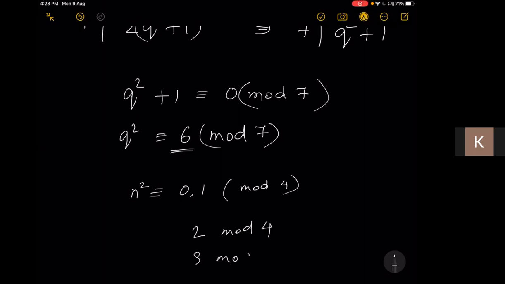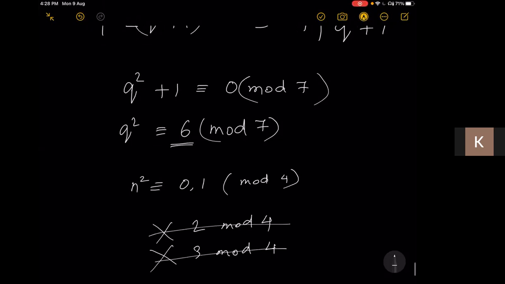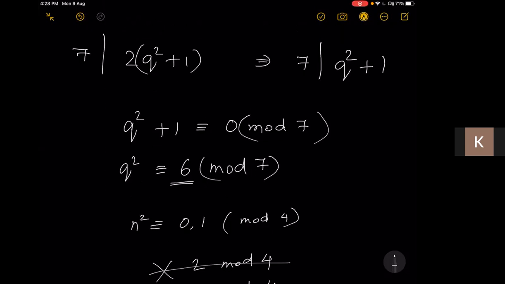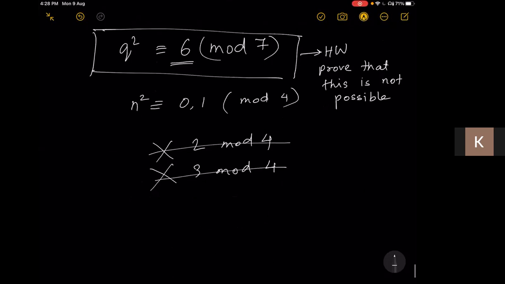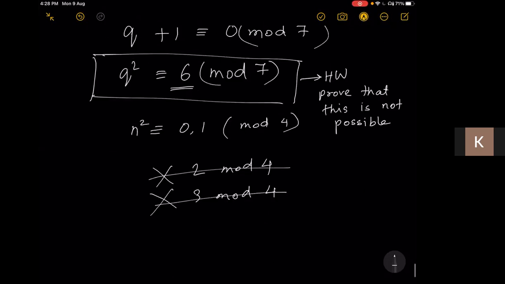When you square an integer, these cases get eliminated. Similarly, 6 mod 7 can never happen. This you can confirm, prove it as homework. Prove that this is not possible. So there exists no solution.